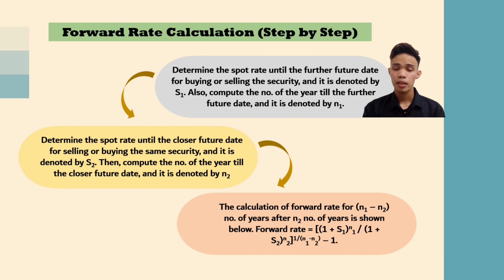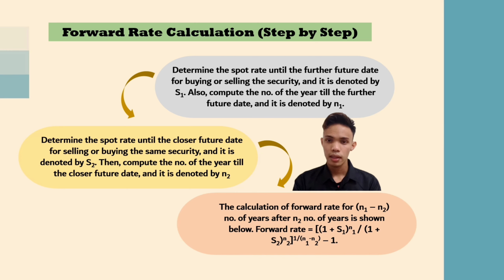These are the steps for calculating the forward rate. Firstly, determine the spot rate until the further future date for buying or selling the security, denoted by S1. Also compute the number of years till the further future date, denoted by N1.